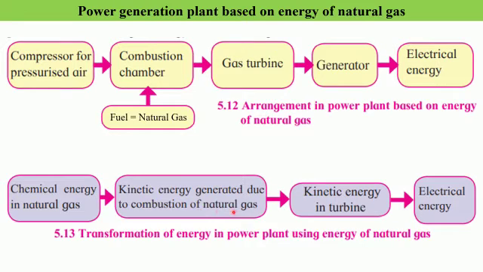This natural gas has kinetic energy, and hence it can set the turbine into motion. This results in kinetic energy in the turbine. The turbine also starts rotating the generator, thereby producing electrical energy. So this is the flow chart which tells you about the transformation of energy that takes place in a natural gas power plant.